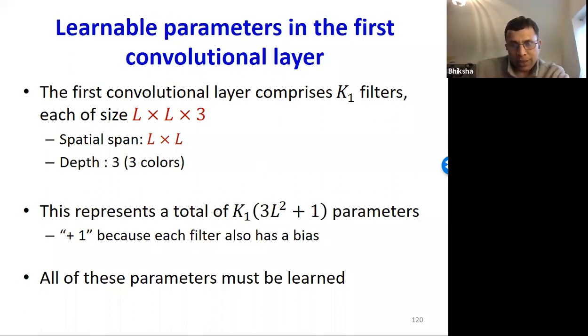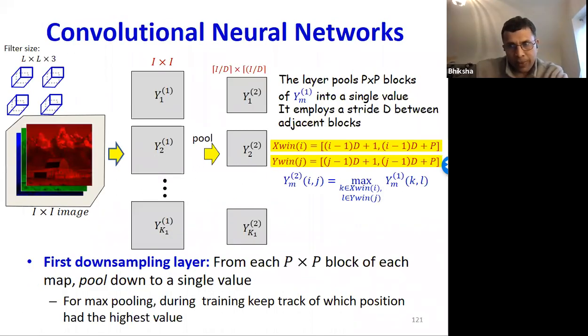Following the convolutional layer, there's a downsampling layer in our example. So it's going to look at blocks of P cross P in this output. It's going to pick the max, and it's going to create the next layer. So here is the operation for max pooling.